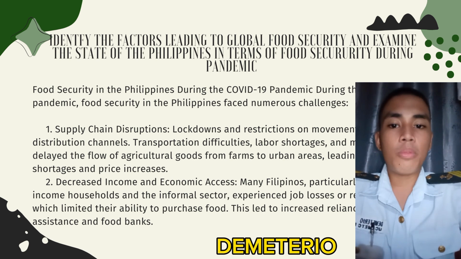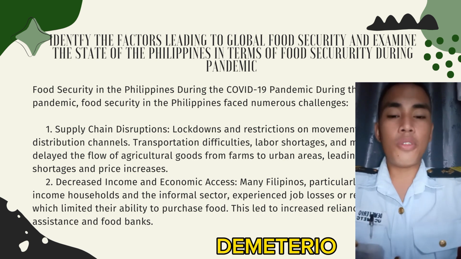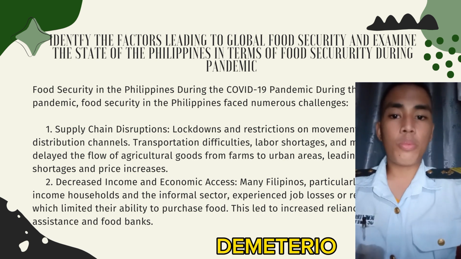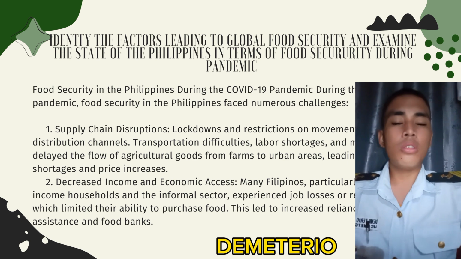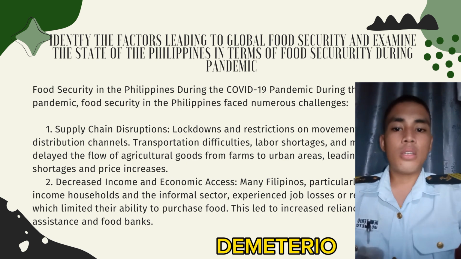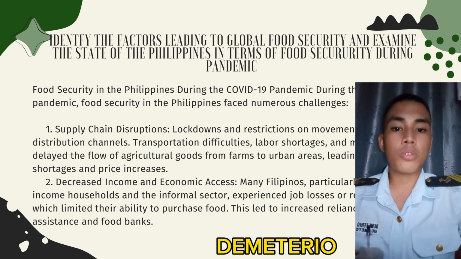A decline in the labor force due to illness, quarantine, and fear of infection affected transportation and logistics operations. Farmers also faced difficulties in accessing essential inputs like fertilizers, pesticides, and seeds due to supply chain disruption and transportation challenges.